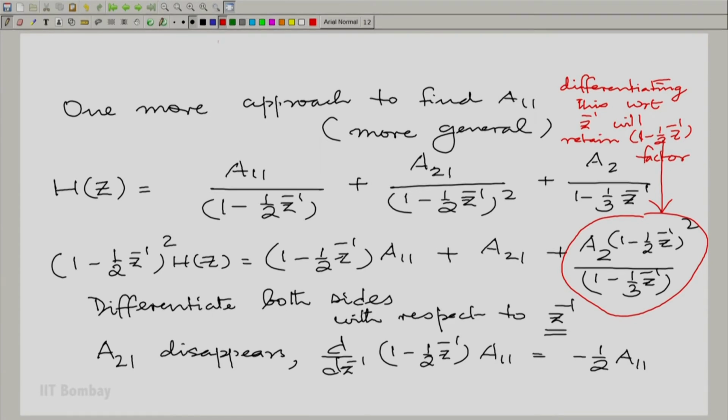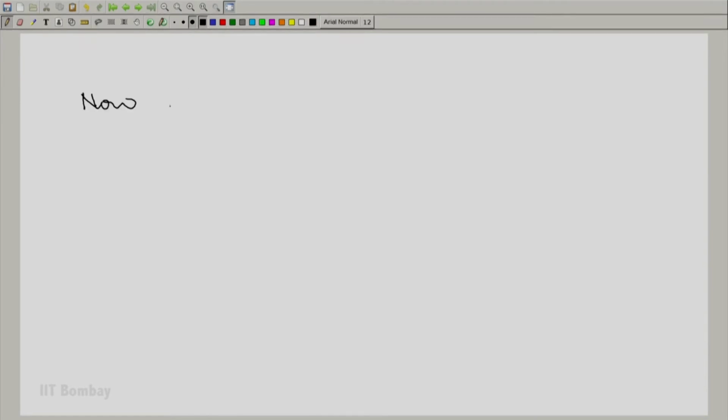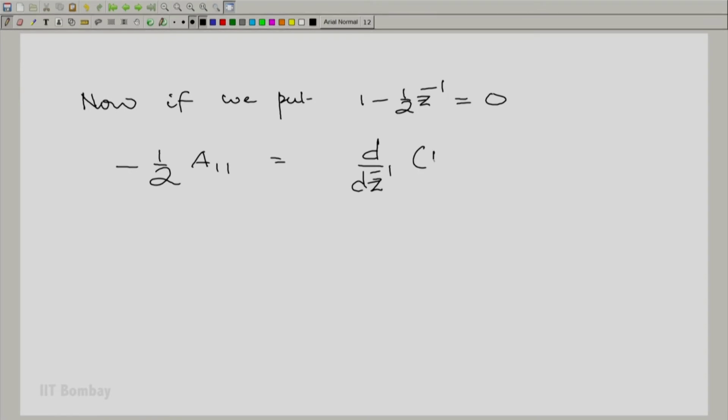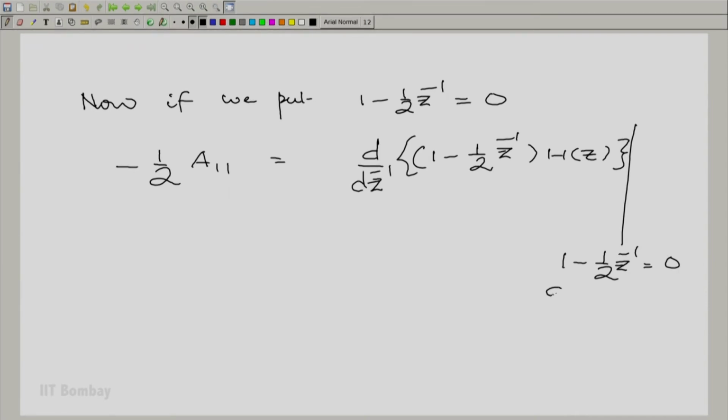So now when we put 1 minus half Z inverse equal to 0, we would get minus half A11 is essentially d by dZ inverse of 1 minus half Z inverse times H(z), all this evaluated at 1 minus half Z inverse equal to 0, or Z equal to half, or Z inverse equal to 2. So, we can find A1.